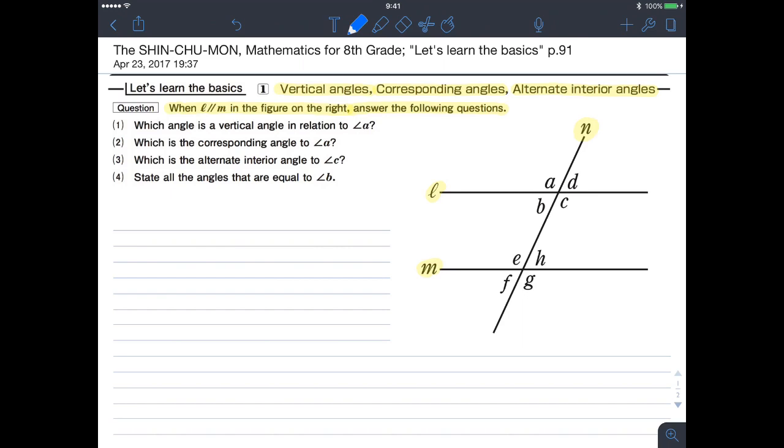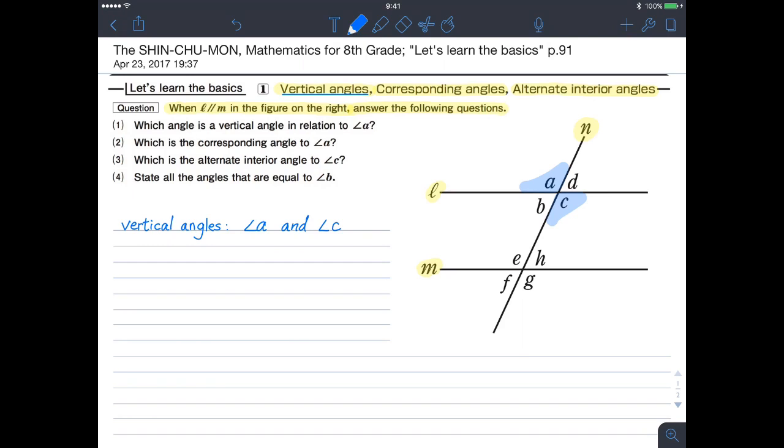Now let's learn more about the three types of angles that are created when two parallel lines are intersected by a transversal. First, we have vertical angles. Vertical angles are angles that are diagonally opposite one another. In our figure, we notice that angle A, for example, is diagonally opposite angle C. Therefore, angle A and angle C are vertical angles.